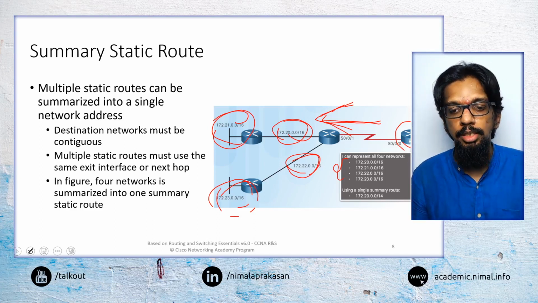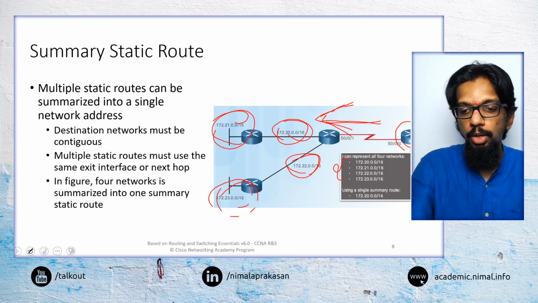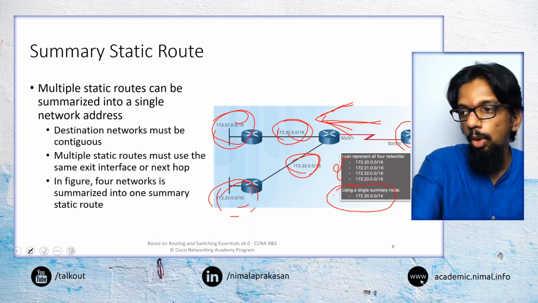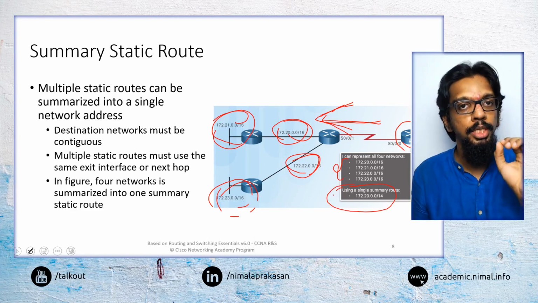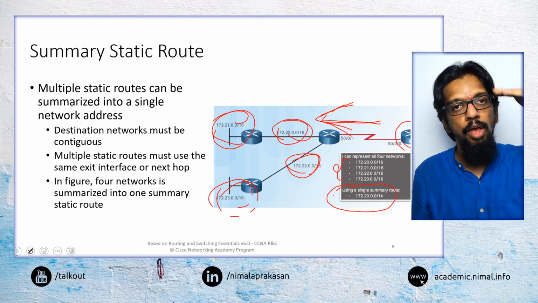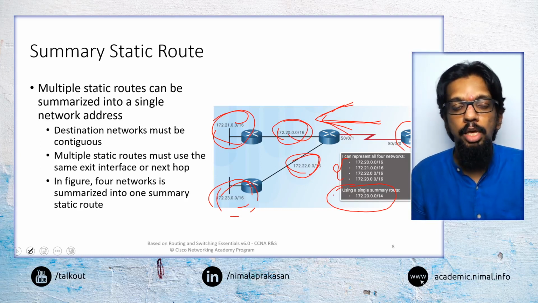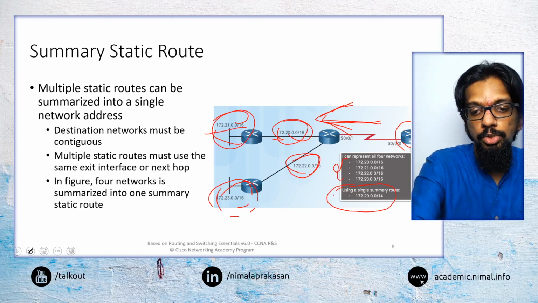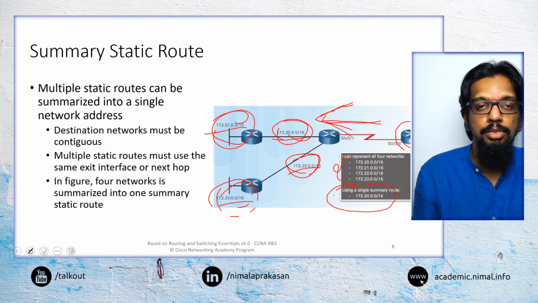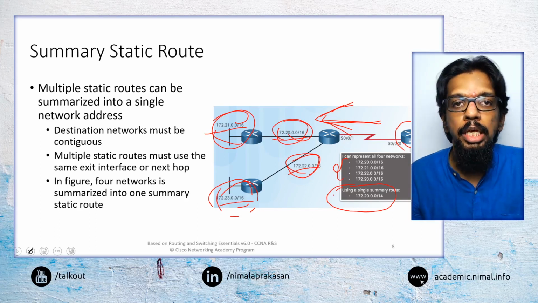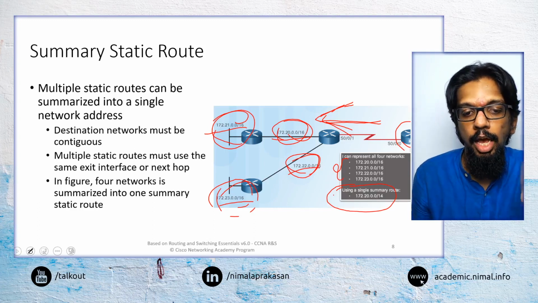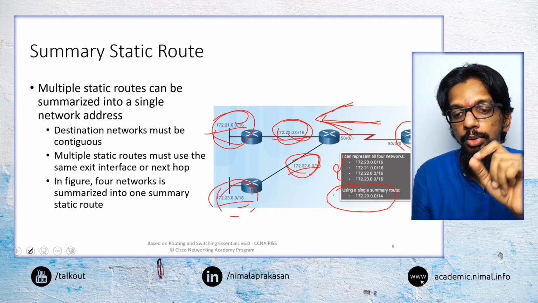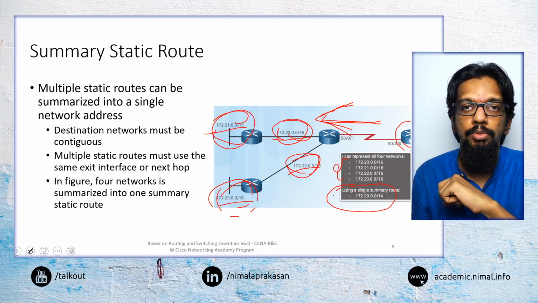In such cases, this router can summarize all these entries into a single static route entry. Instead of having 4 different entries for each of these networks, it will use a single entry and send it to the 172.20/14 network.